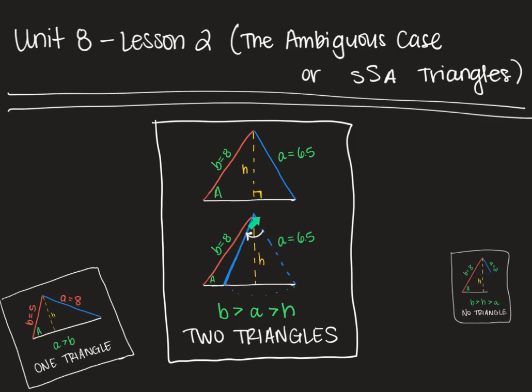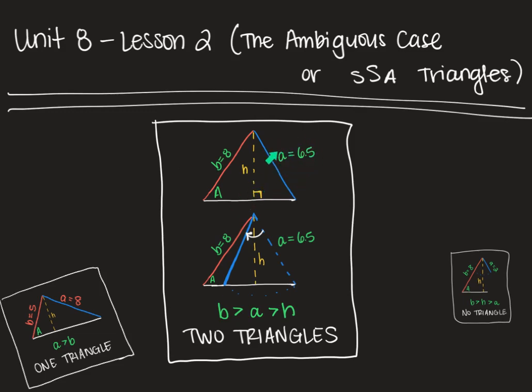Now you'll notice that if this dashed yellow line is the height of the triangle, we know it's the height because it's the perpendicular segment running from a vertex to the base. And as you can see, let's pretend this is drawn perfectly to scale.